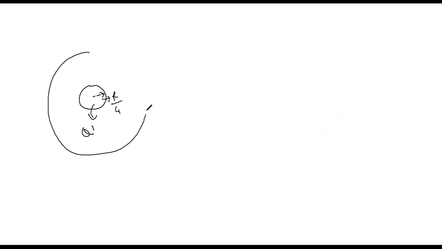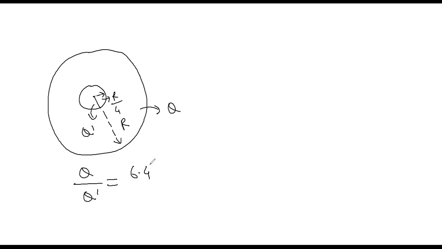So now we know that the disk of radius R by 4 has a charge Q dash, whereas the disk of radius R has a charge Q, where Q upon Q dash is 6.4.